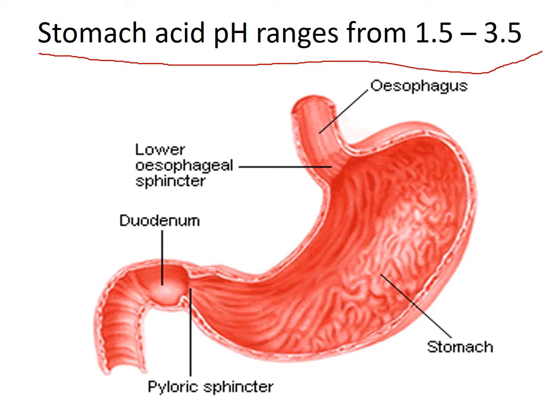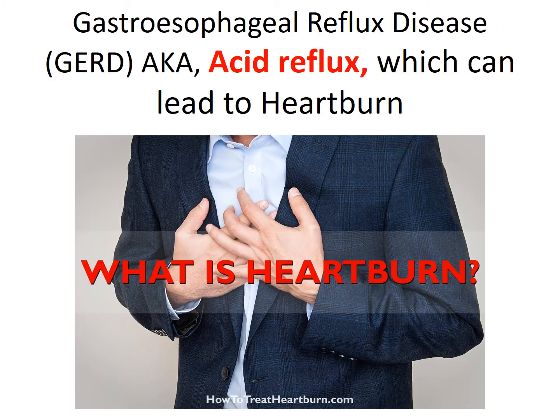So usually the stomach is pretty acidic, of course helping the digestive process. We actually have a mucosal lining that lines the stomach so that it is not burning through the cells of our stomach, and it's not burning through the stomach tissue.